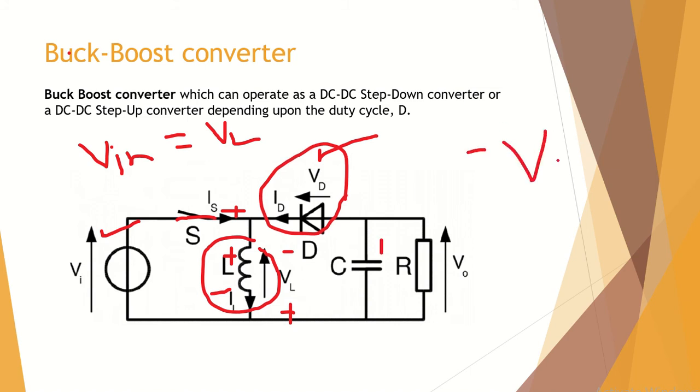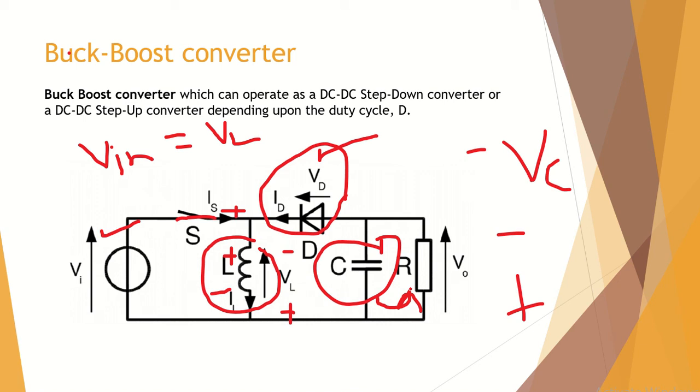So when the switch will be closed, and I'm talking about the next cycle, the output current will flow in the opposite direction, because the capacitor is charged with this polarity. So current will flow even when the switch is closed.